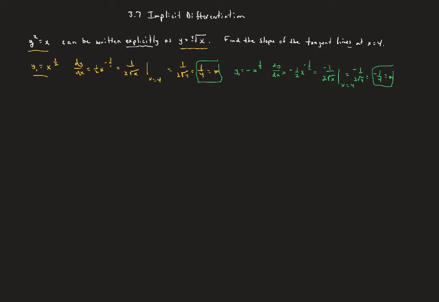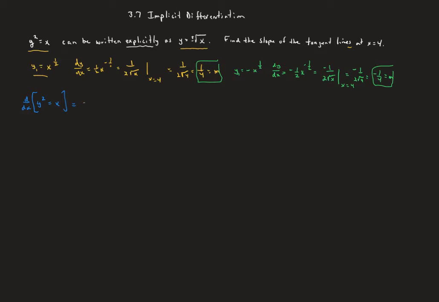Okay, now just to make sure we're clear, we could do this same problem but using what we call implicit differentiation. So without trying to solve for y, we can differentiate this with respect to x. And so we have to remember that we're treating y now as some unknown function of x. And so when we try to differentiate y squared, we have to use the chain rule.